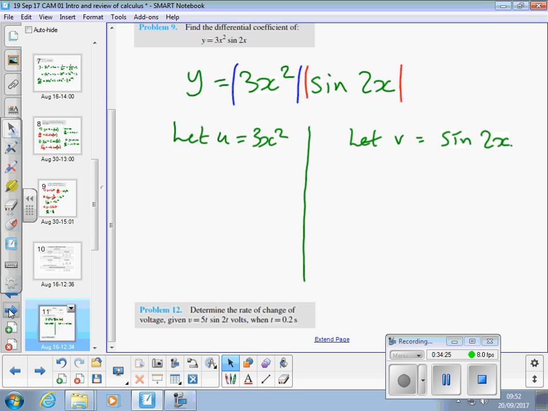Then what we do is we differentiate u and we differentiate v.